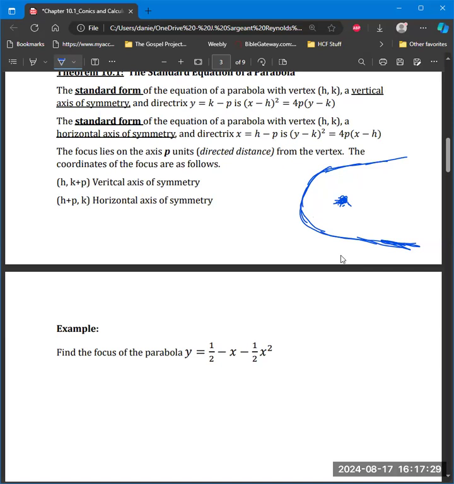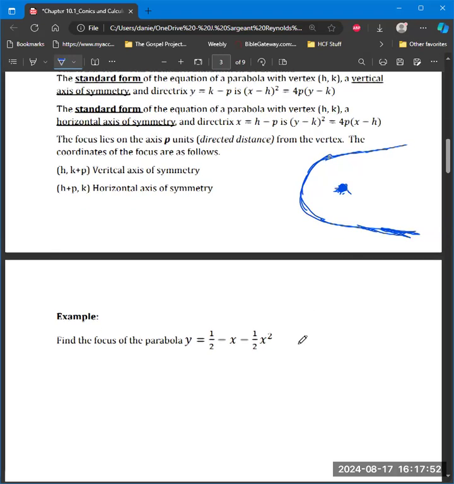Spies have used them for years to actually pick up on quiet conversations. We'll talk about some other interesting applications of some of these other shapes later, but focusing energy to a single point here is the main purpose of a parabolic shape like that.